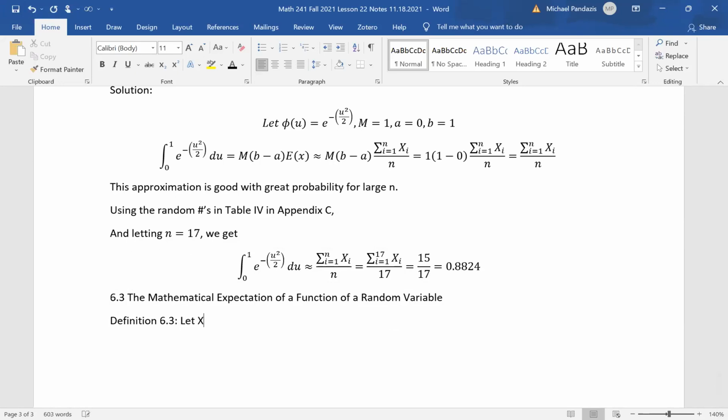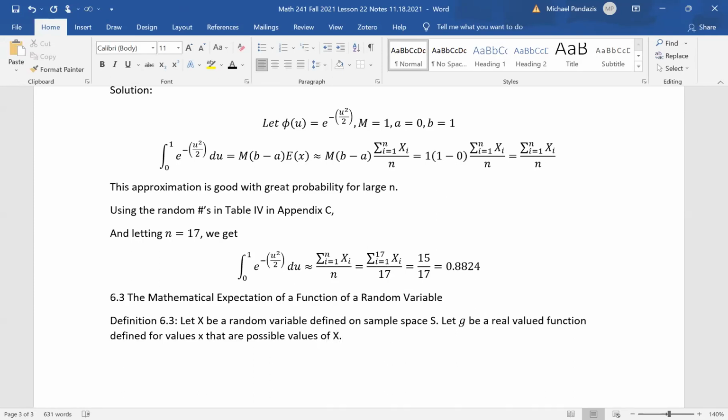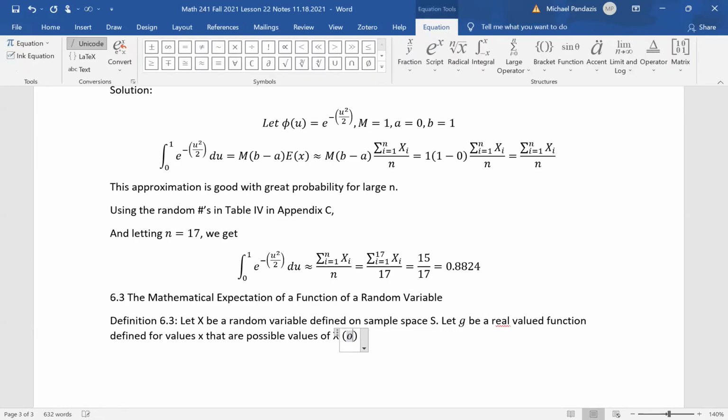Let capital X be a random variable defined on a sample space, capital S. Let little g be a real valued function defined for values x that are possible values of capital X, or negative infinity is less than x less than infinity.